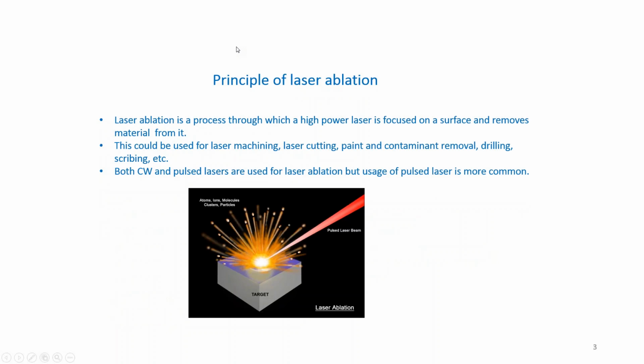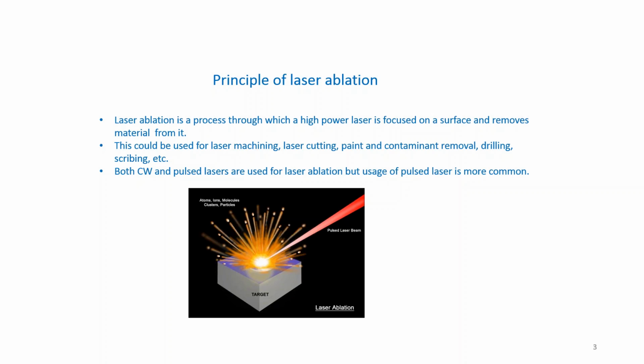Next, so principle of laser ablation. Laser ablation is the process through which a high-power laser is focused on a surface and removes material from it. So basically, you're focusing an intense laser beam, which is normally pulsed, on a surface, and that evaporates material from the surface.